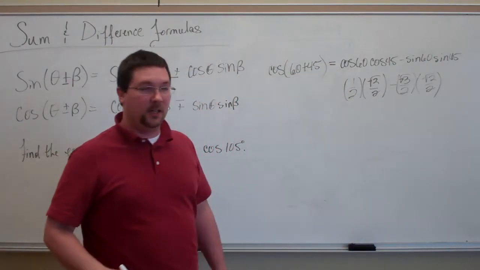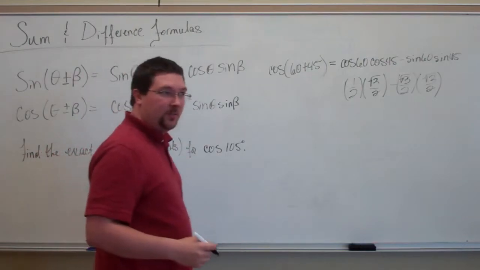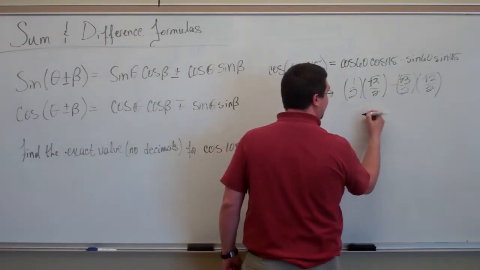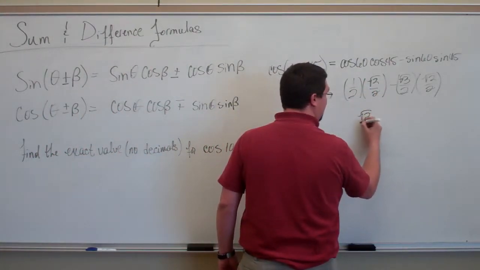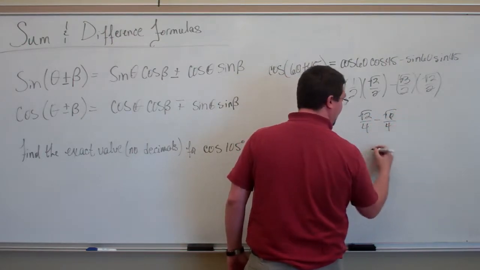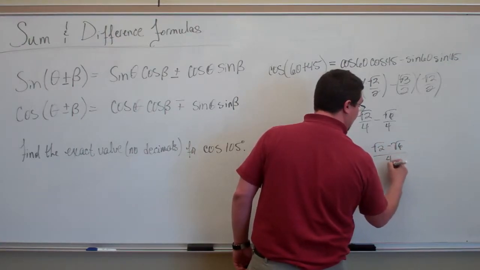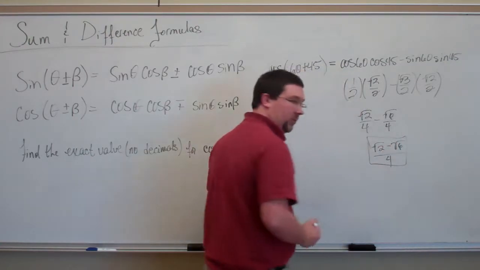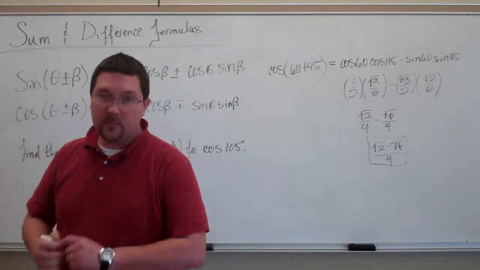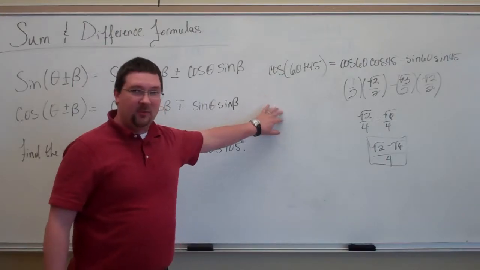Alright? So as you can see, this one's going to give us the same answer, except we're going to subtract the two instead of adding them. So this would give us the square root of 2 over 4 minus the square root of 6 over 4, or just the square root of 2 minus the square root of 6 over 4.